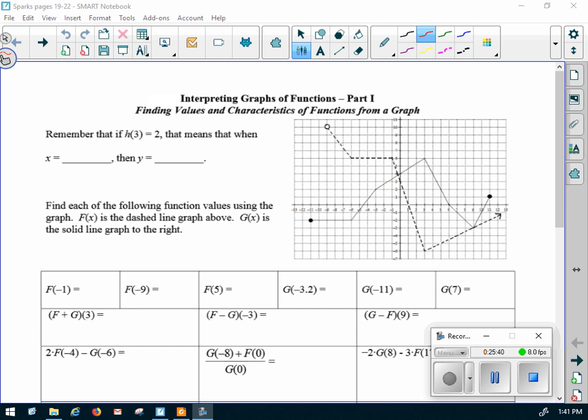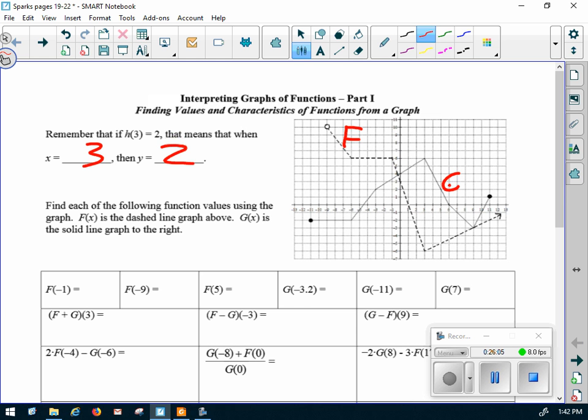All right, look at the first question. If h of 3 equals 2, that means that when x equals 3, then y equals 2. All right. Find each of the following function values using the graph. F is the dashed graph.